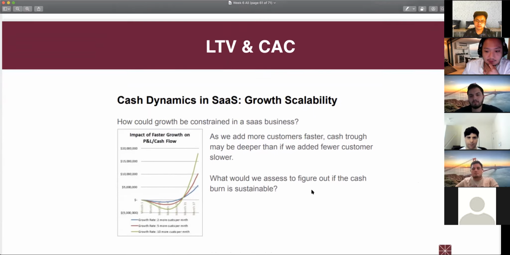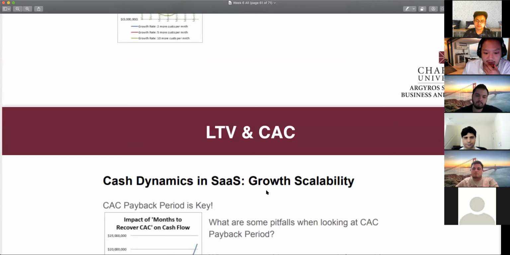The goal is that as we add more customers faster, the cash flow may be deeper than if we added fewer customers slower. What would we assess to figure out if the cash burn is sustainable?